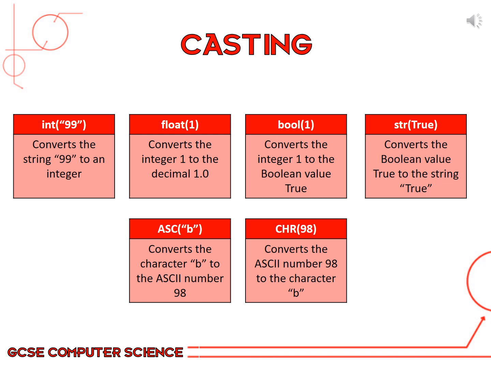But it's converting the lowercase b to what its ASCII corresponding value is. In this case, it's 98. The one next to it does the reverse. So you're taking the ASCII number 98 and converting it to a character. These are all different functions that you could use casting for to convert one variable to another data type.